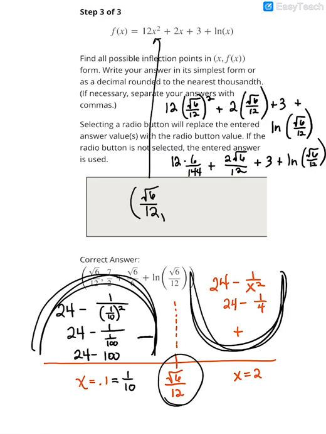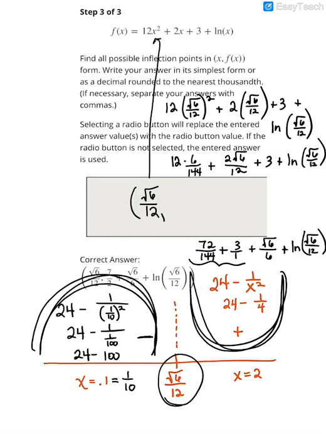Okay, so now as I come back to simplify that more, 12 times 6 would give me 72 over 144, and I'm going to be adding the 3 to that, so I'm going to have to get a common denominator there. I'm going to go ahead and reduce my 2 over 12, so that would leave me with square root of 6 over 6. And then I have plus my natural log of my square root of 6 over 12.